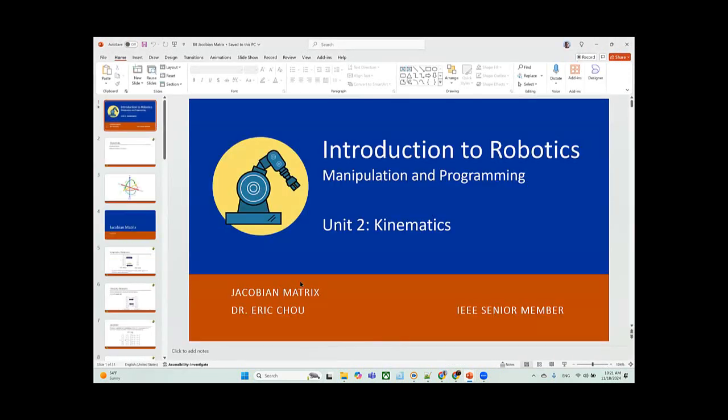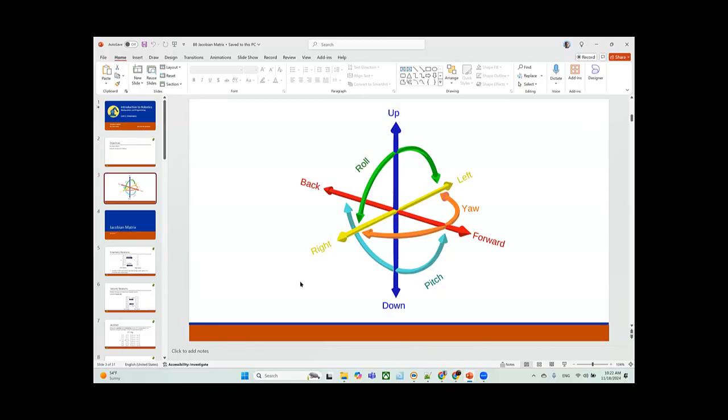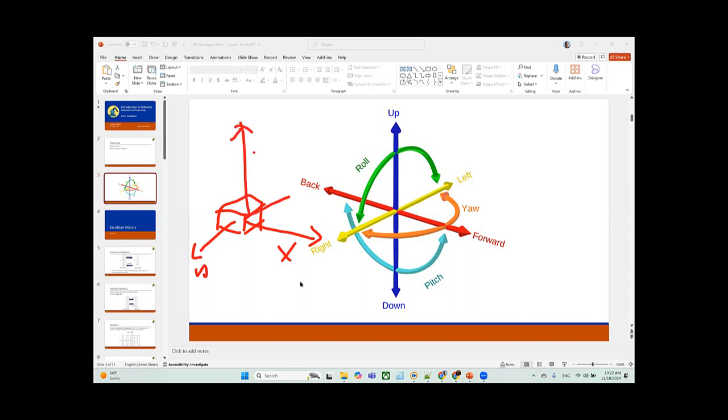So this differential matrix is actually a basic concept of how the velocity is. The next one you need to look at is the Jacobian matrix. So each object in a space, you may have the movement on x, y, and z. That's the 3 degrees of freedom.